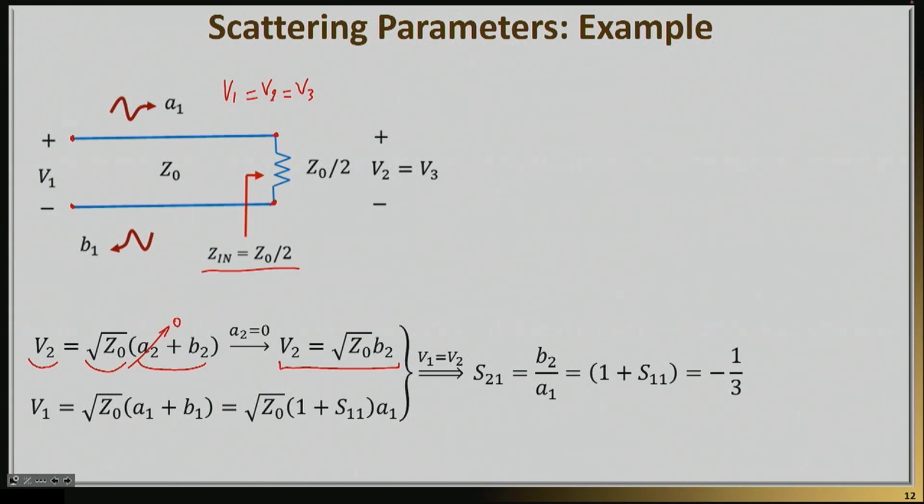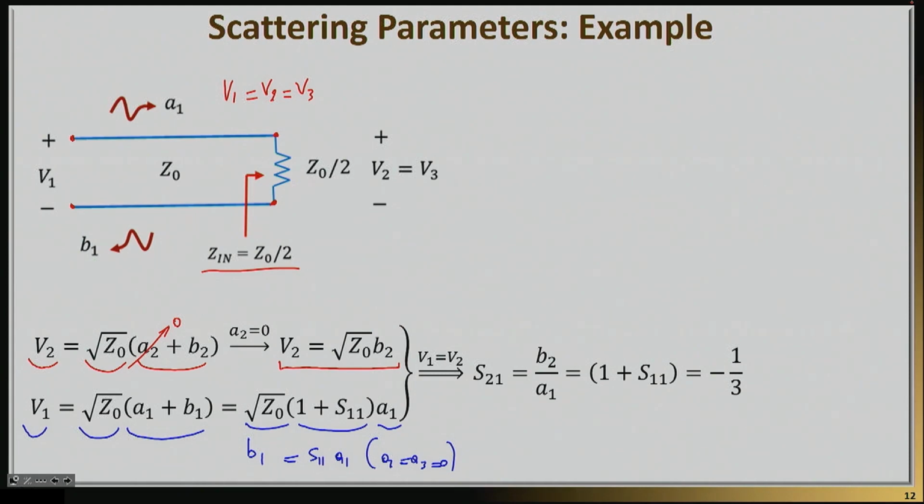Similarly, let's look at what happens in port 1. In port 1, the voltage V1 will be equal to the square root of its own characteristic impedance, Z0 in this case, times, of course, again, A1 plus B1. Now, since V1 is the square root of Z0 times A1 plus B1, and I already know that B1 is equal to S11 A1, provided, of course, that A2 and A3 are equal to 0, which they are in our case, then I can simplify that expression and write it as the square root of Z0 times 1 plus S11 times A1.